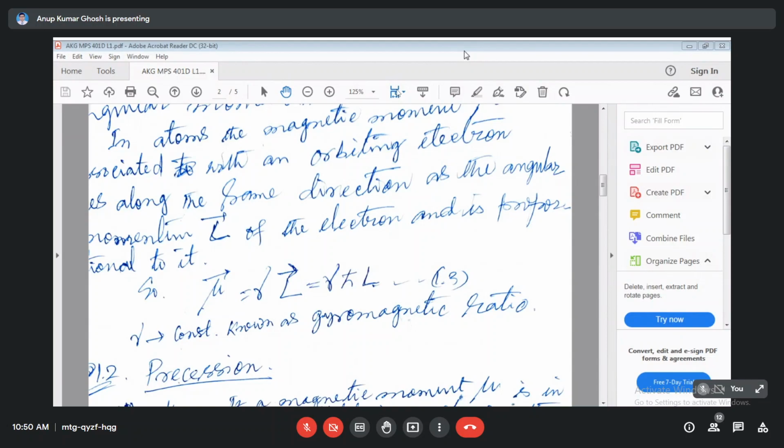So the magnetic moment mu will be gamma into L. L is the angular momentum vector, and from quantum mechanics, you know that gamma is the gyromagnetic ratio, and L equals h cross l.